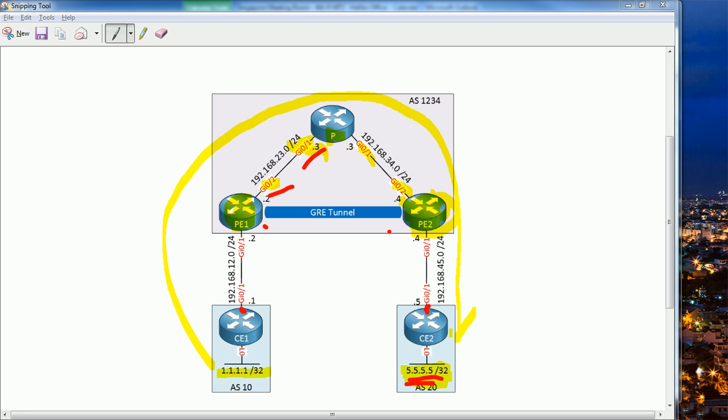So what happens when the P router receives this packet is that it uses MPLS for forwarding. So let's take a look at the label on the P router, the MPLS forwarding table.